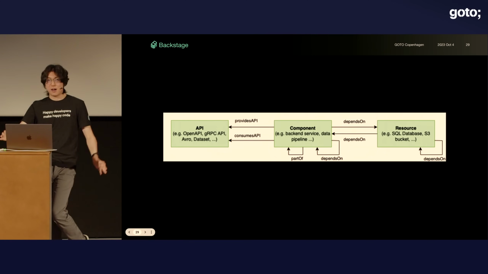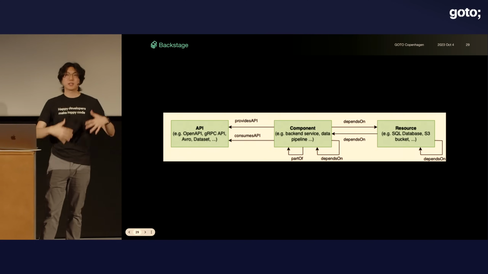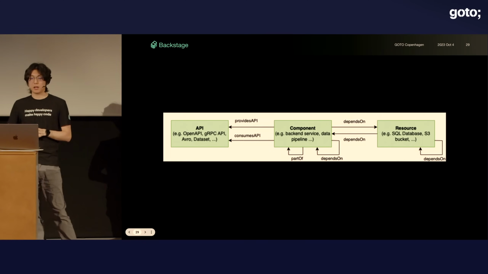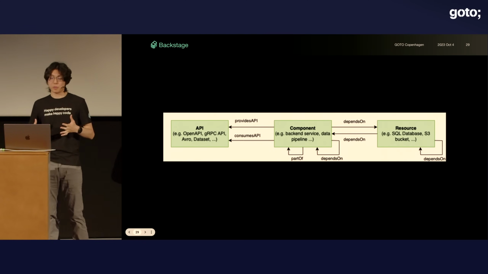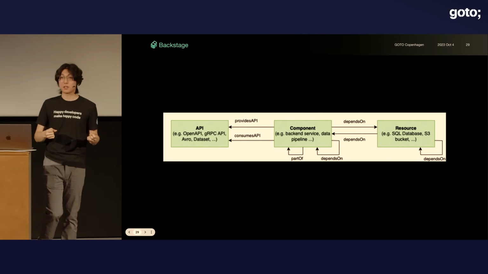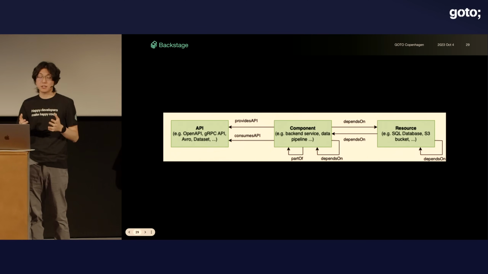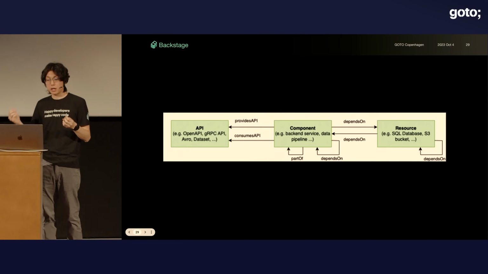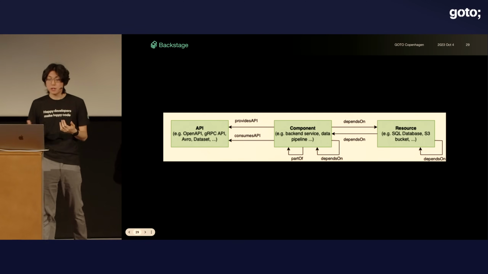Okay, so now you've ingested all your existing services. You've maybe created some new ones using your software catalog. Okay, now what? You are the proud new owner of a few hundred existing entities in your catalog. Entities are what we call the core components of the software catalog, the core unit rather.